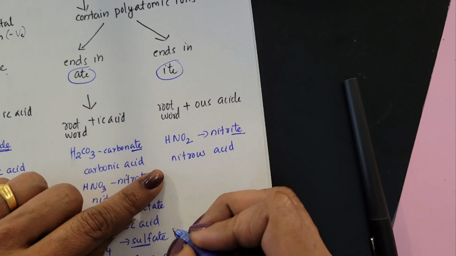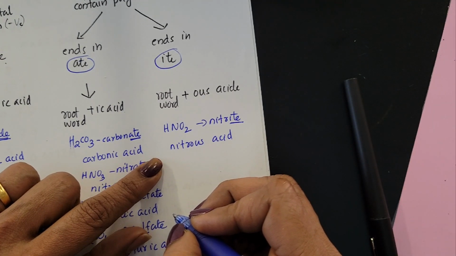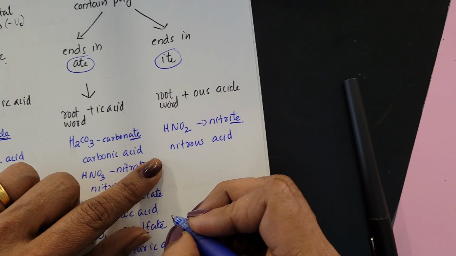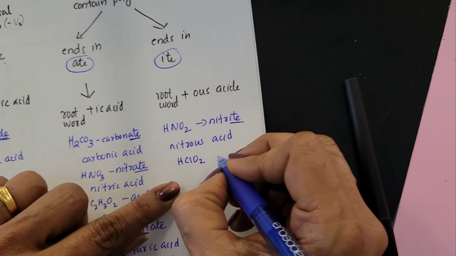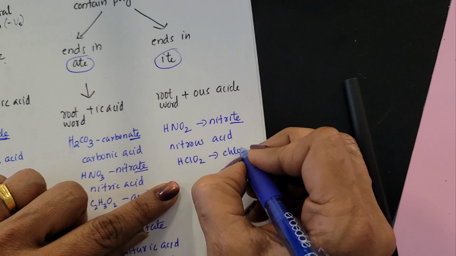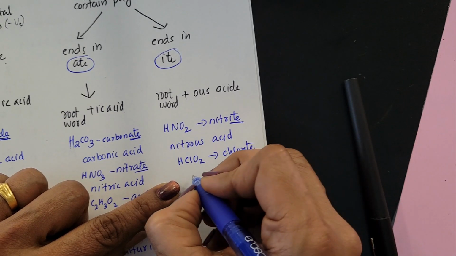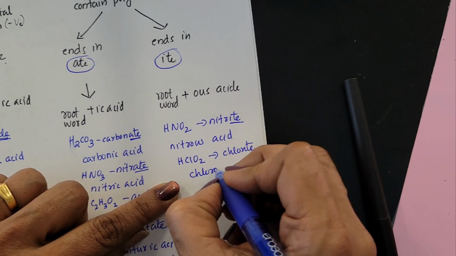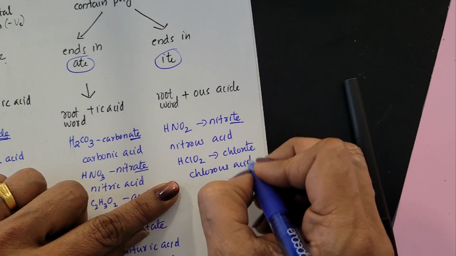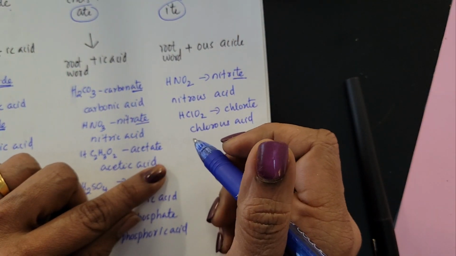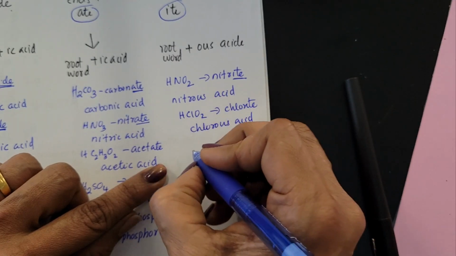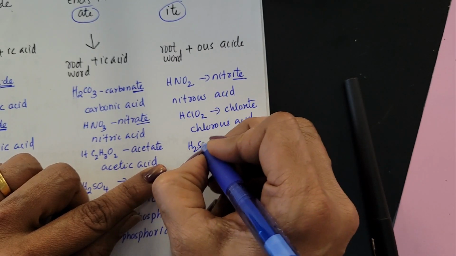Okay, let's see another example. If it is ClO2, let's write HClO2. That is chlorite. So that will be chlorous acid. Okay, and here also the exceptions, like sulfite, which is H2SO3.